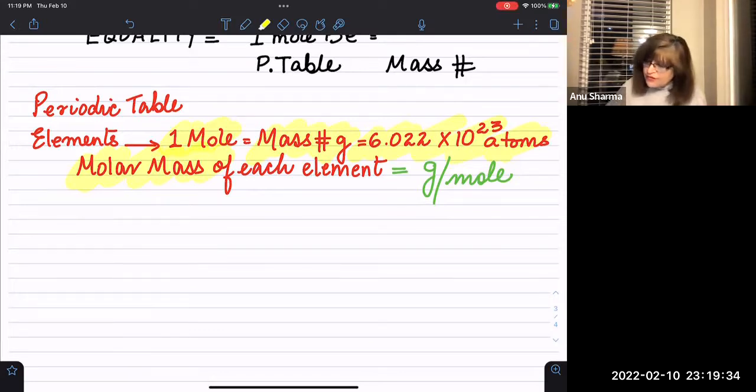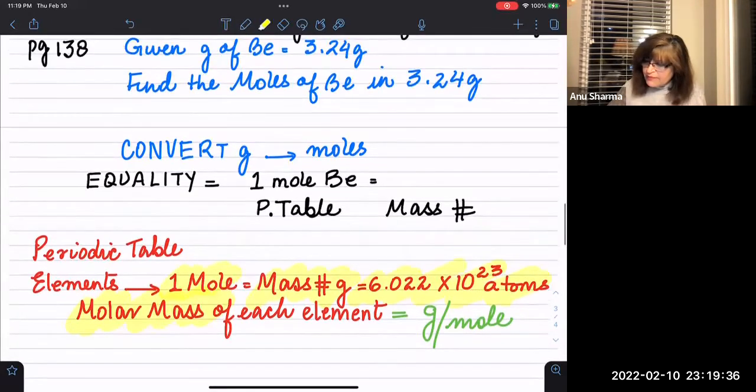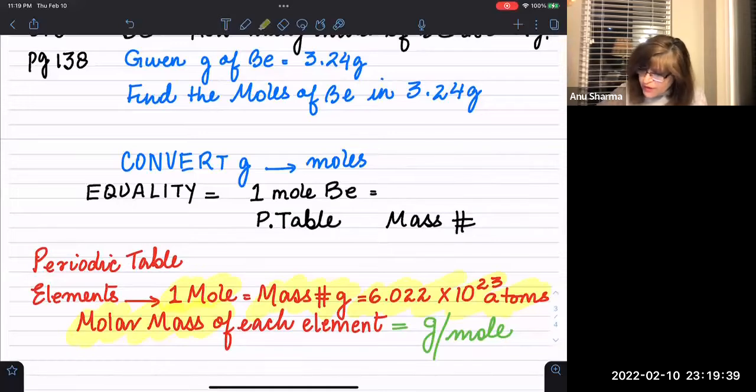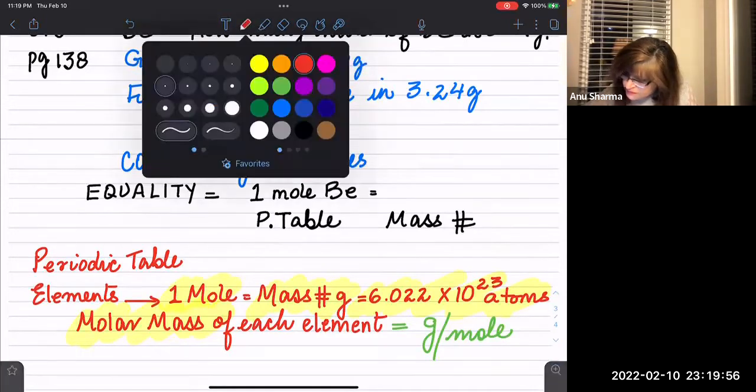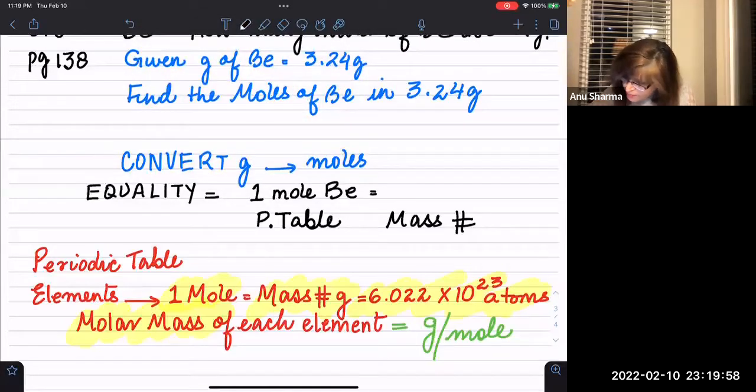Here we are given 3.24 of beryllium. From the periodic table, we see that 1 mole of beryllium weighs 9.012 grams.